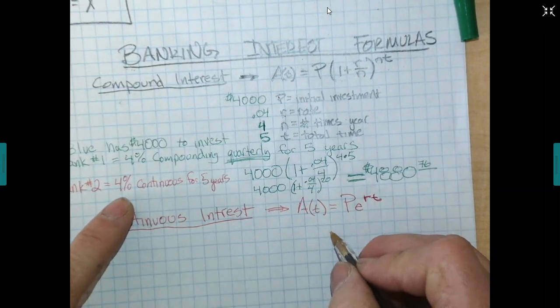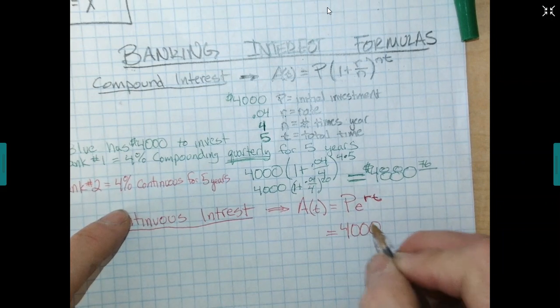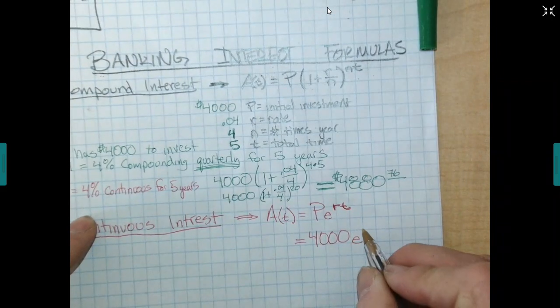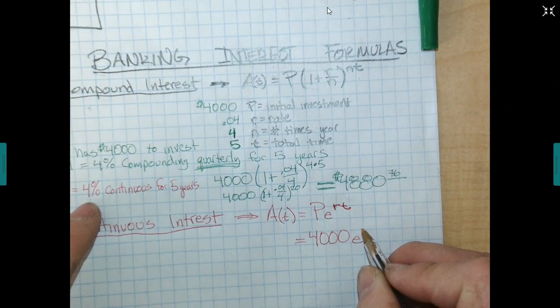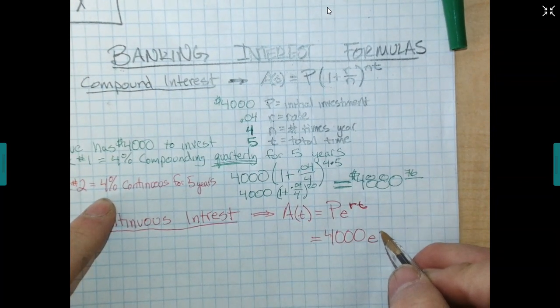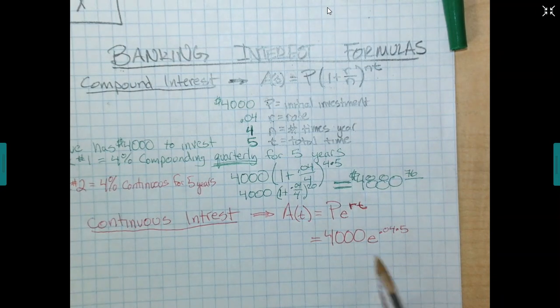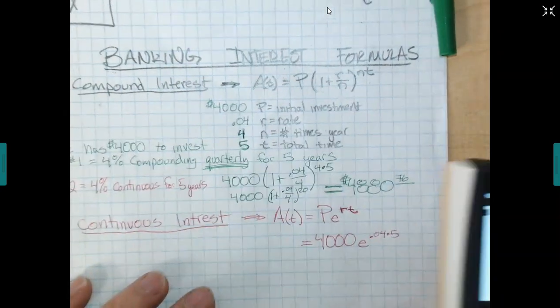Well, my initial investment is still $4,000. E, and then my rate is 4%. My rate is 0.04 times my time, which is 5. 0.04 times 5. So let's plug this in your calculator.